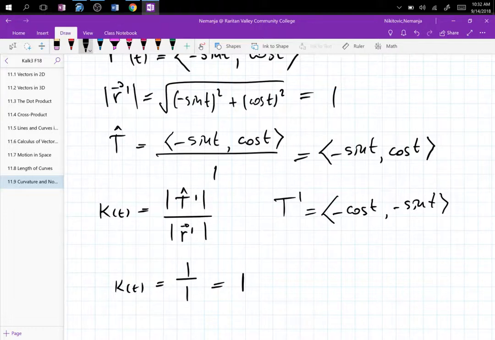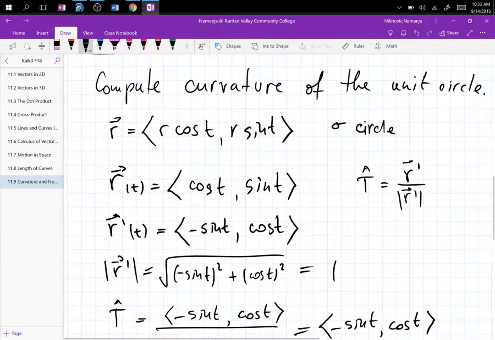Now, those of you that are vicious and want to learn this the proper way, you are going to redo this problem by not using the unit circle.